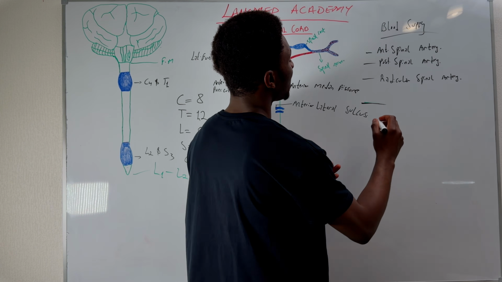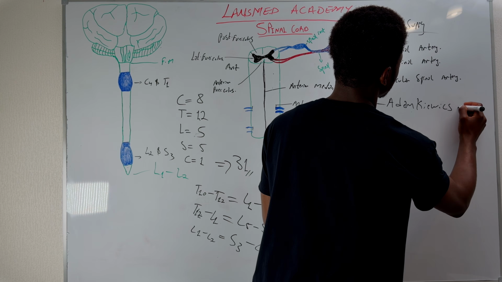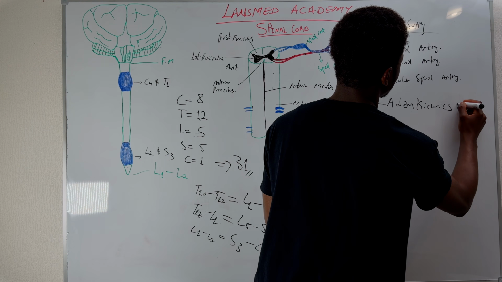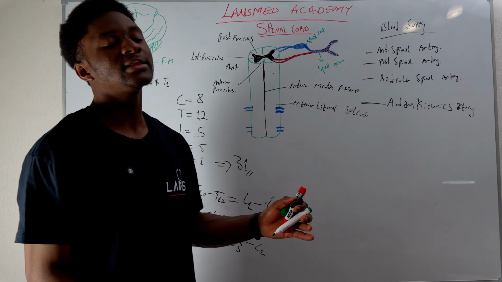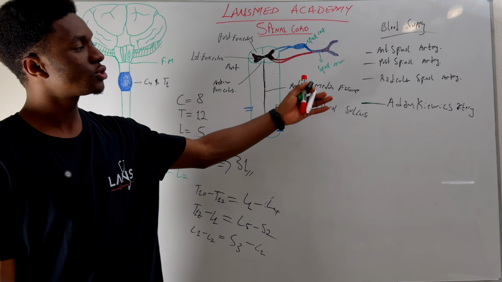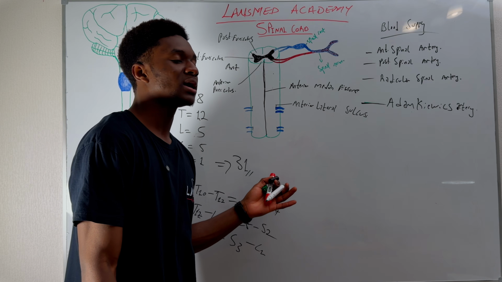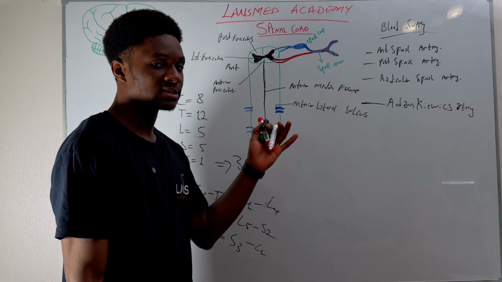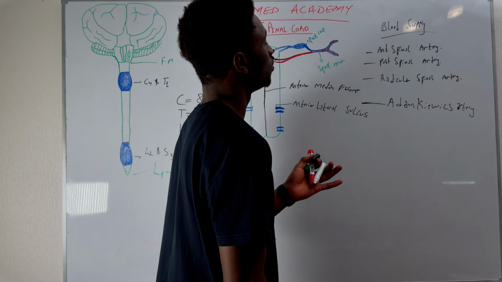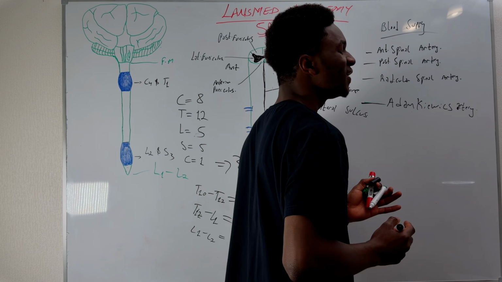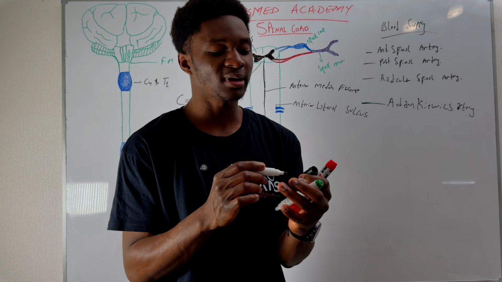And so we have the Adamkiewicz artery. So these are the major blood supply for the spinal cord that I've listed below. And the next thing we'll look at is the venous drainage of the spinal cord.